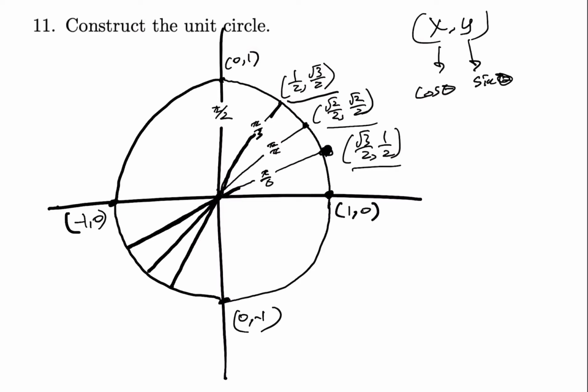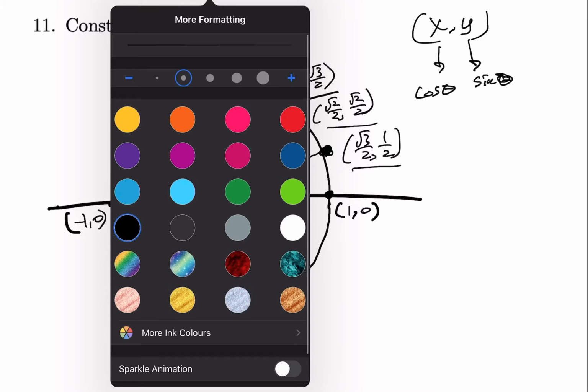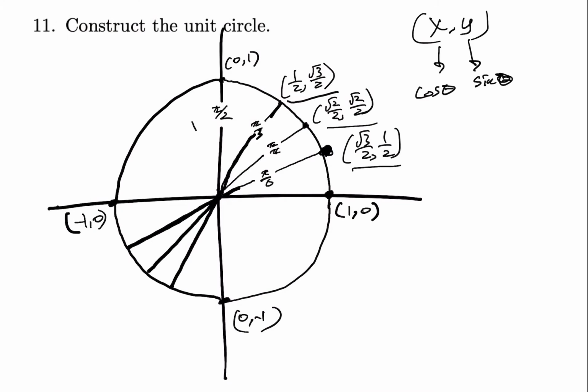This angle right here is 2 pi over 3. So this is the initial ray. We're implying this is the initial ray for all the angles here right now. Then we're drawing the terminal ray. So this right here, the angle is 2 pi over 3.